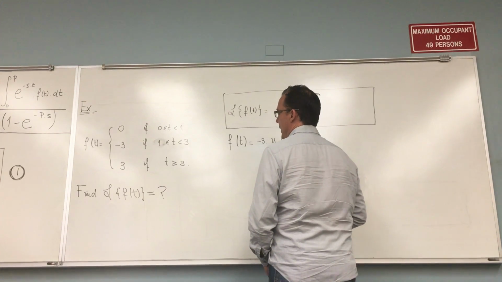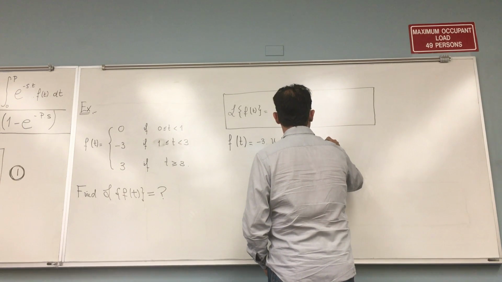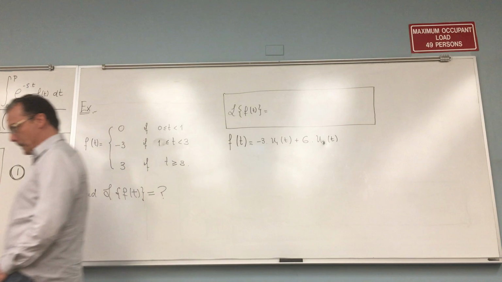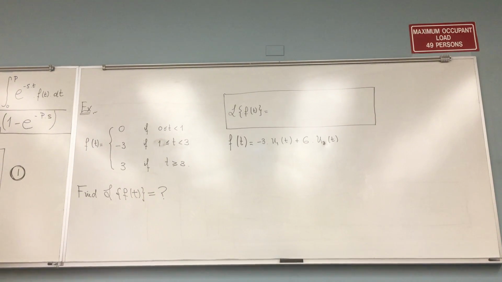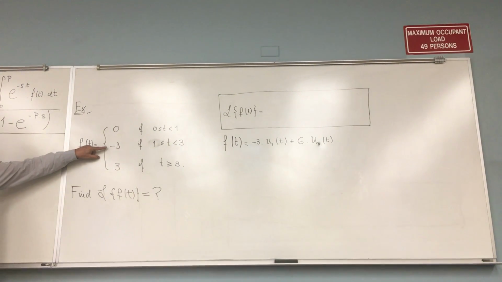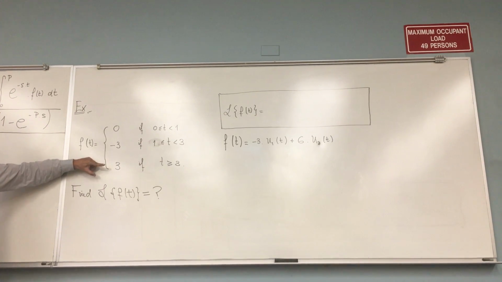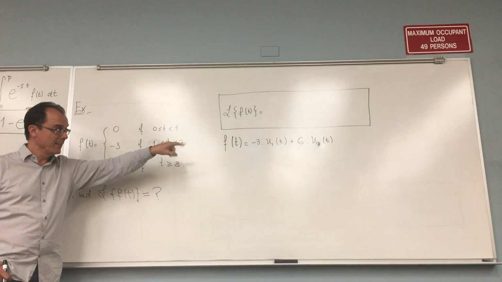How many units do you need to add to minus 3 to get to plus 3? It's plus 6, right? But after 3, so plus 6 times u3.